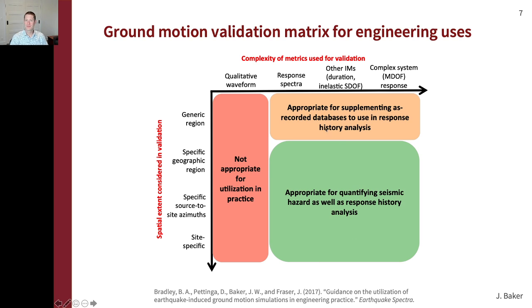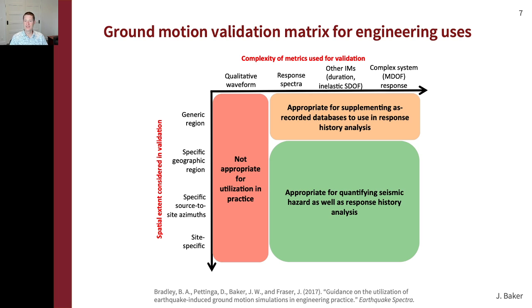Okay, so inside of this plot, we made the supposition that qualitative waveform validation alone is not sufficient for utilization in practice. There are situations where waveforms can look good, particularly in certain frequency ranges, but there might be other problems with the simulations that wouldn't be apparent from that type of comparison. If we move to these more complex metrics, proxy metrics or complex system response, then we get into the domain where we've got enough information to think about engineering analysis.